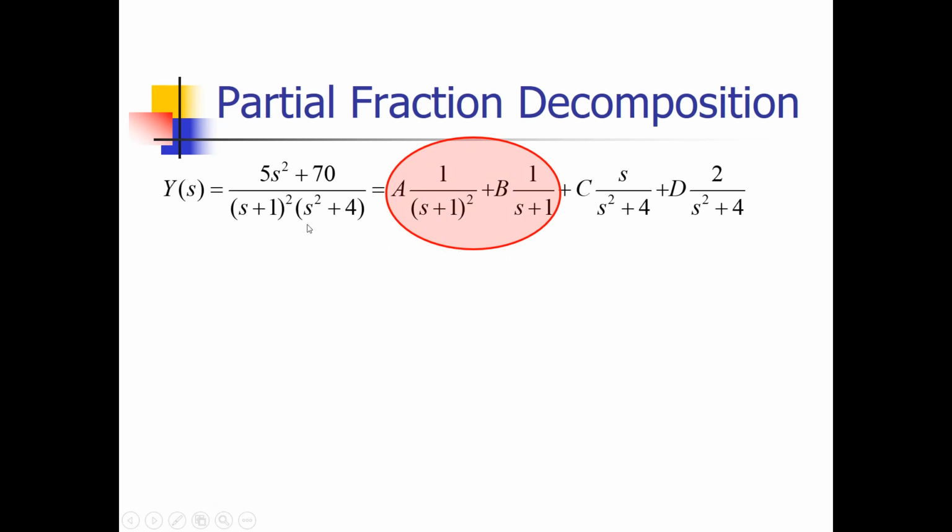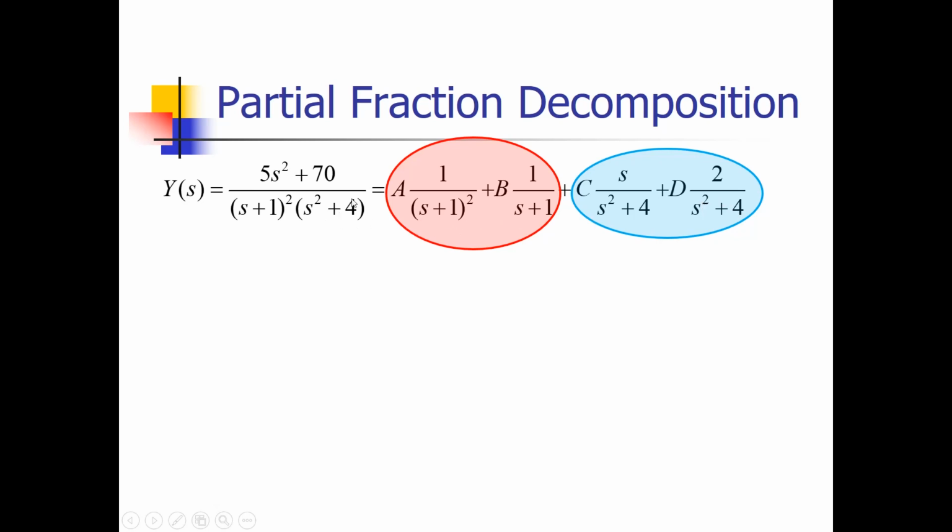When you have a part in the denominator which says it's equal to s squared plus a constant value, and you look to the inverse Laplace transformation table, you see that there are two time functions which have this kind of function, which is a cosine function and a sine function. So this part yields something with a cosine, c times a cosine function, and a cosine function in the S domain is s over s squared plus 4, and we have something with a sine function.